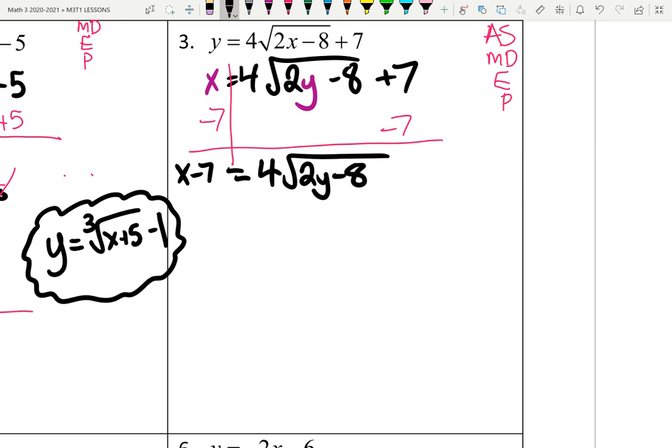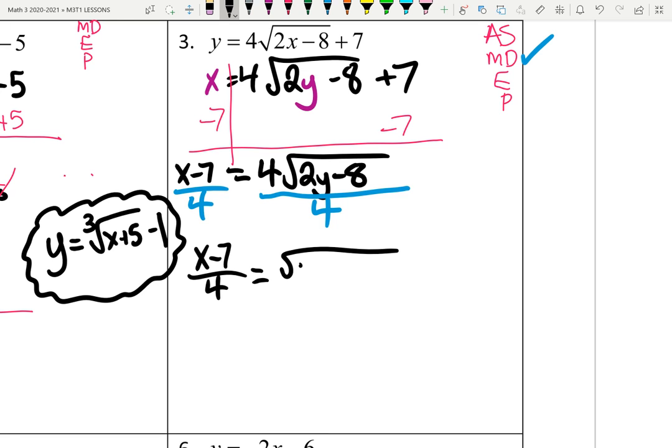I am still on the add and subtract step. Now I'm going to multiply and divide. I'm going to divide this by 4 first. This is going to lead me to x minus 7 divided by 4 equals the square root of 2y minus 8.